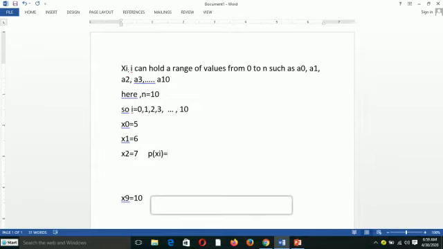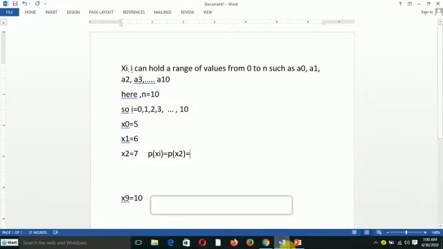It means that it is p(x7), like this. p(x2). p(x2) will be the probability that x will have a value 7. So p(x2) is the probability that the variable x will hold the value 7.